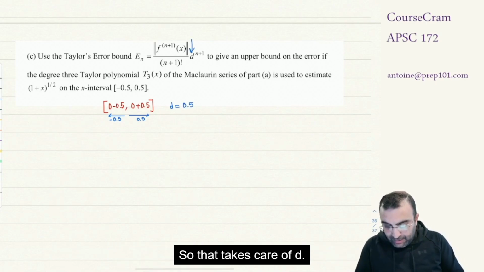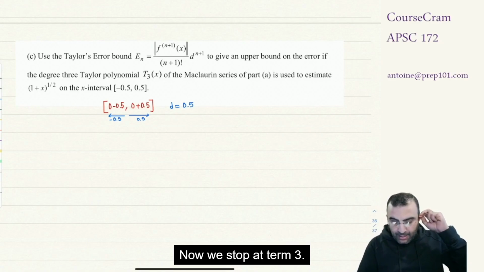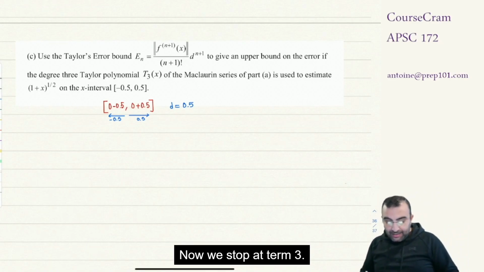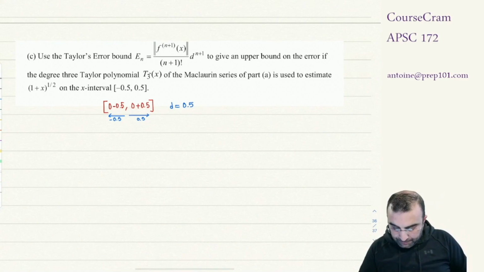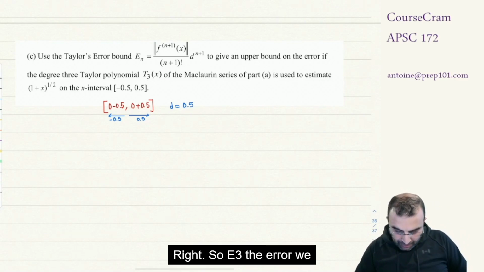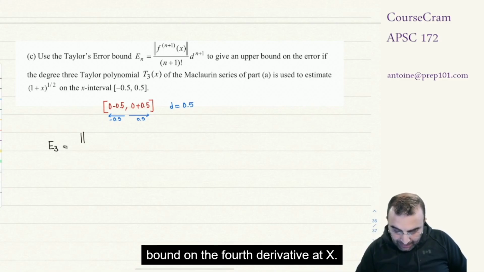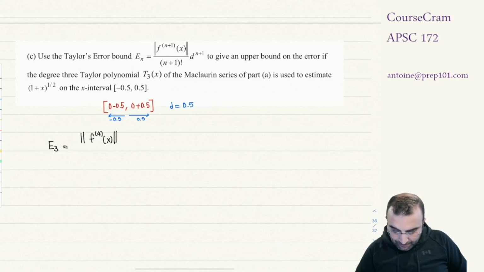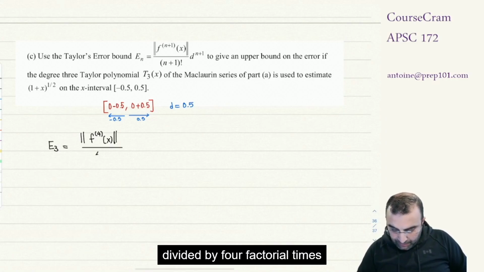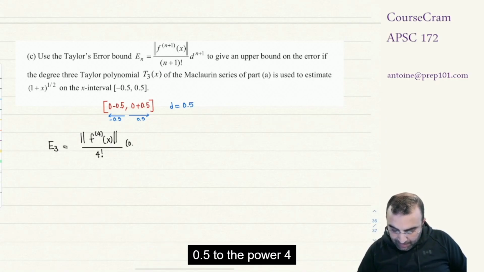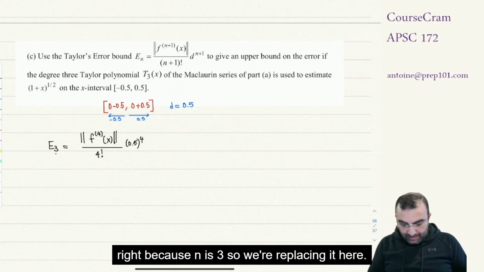That takes care of d. Now we stop at term 3, right? So E3, the error if we stop at term 3, is the upper bound on the fourth derivative at x divided by 4 factorial times 0.5 to the power 4, because n is 3, so we're replacing it here.